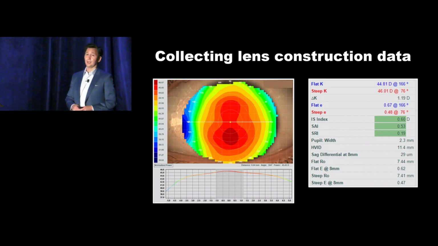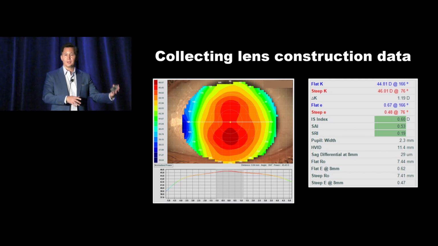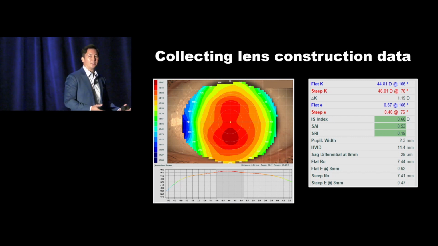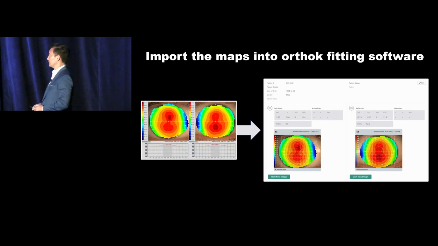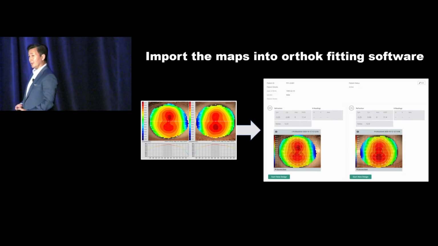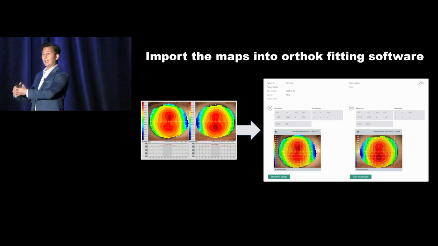Another way is we can collect the data from the map itself. We punch it into a software or a nomogram. That's another way that we can use the topography to construct lenses. Another method is to use third-party software, export the digital data, upload it to the third-party fitting system, and there's numerous options in this regard. All of them very good, so don't let me suggest any one is better than the other.